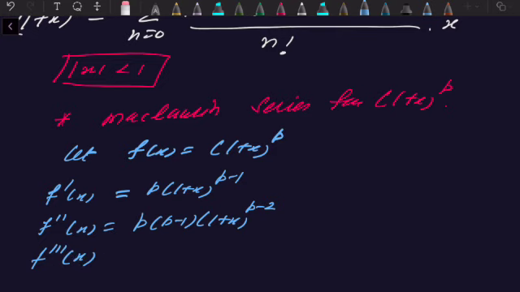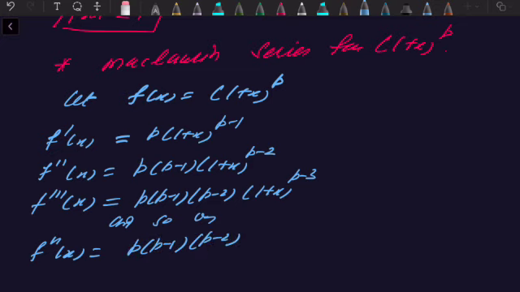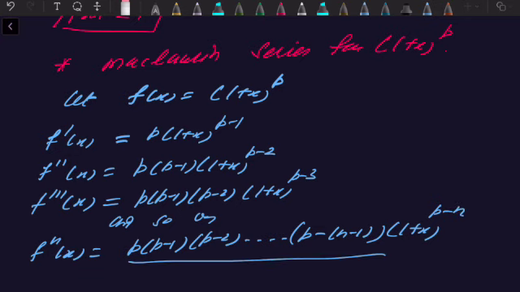Triple derivative: p into p minus 1 into p minus 2 into 1 plus x raised to power p minus 3, and so on. The nth derivative: p into p minus 1 into p minus 2, and so on, the last being p minus n plus 1, into 1 plus x raised to power p minus n.